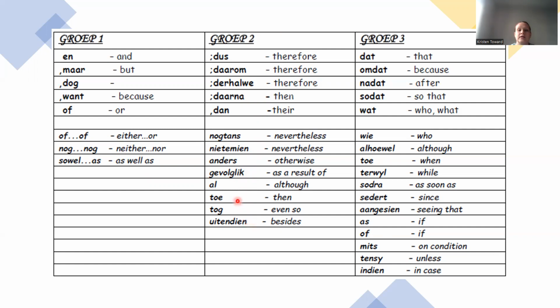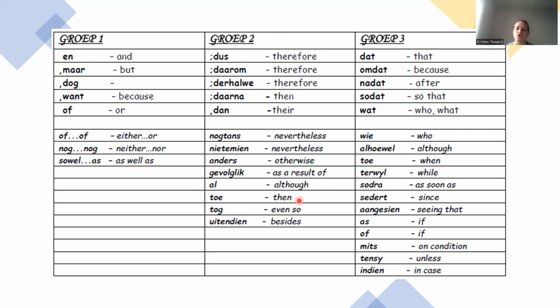So we can see now that we have toe in group 2 and in group 3. So that is important to realize the meaning of it. Toe in group 2 means then, and group 3's toe means when.